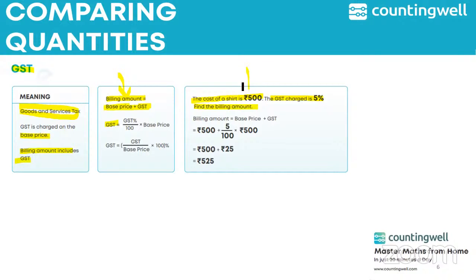So in a shop, if the cost of a shirt is rupees 500 and they are charging GST as 5% of 500 rupees, then the billing amount means the amount you have to pay in the shop will be 525. Why? Because we are adding the base price plus the GST. GST is 5%, means 5 per 100 multiplied by rupees 500, because 5% of 500 we need to find. So it will be rupees 25. So I have to pay extra 25 on the cost price rupees 500, and that will be your billing amount.